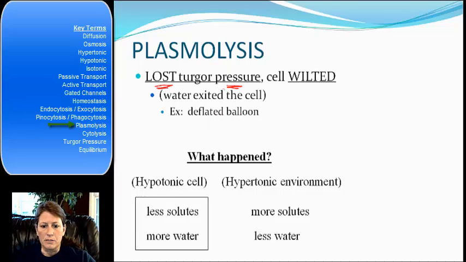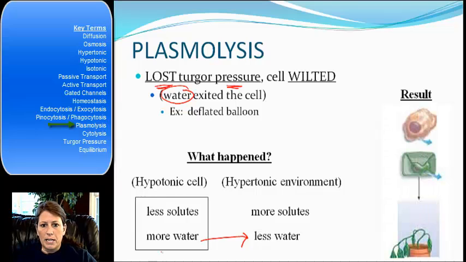When that happens, the cell is going to wilt. So what has really happened? Now if I use the terms hypotonic and hypertonic again, I'm just going to focus on the water, because that's what the pressure is referring to. So water is moving out. Now the result, and this is what plasmolysis is talking about, think of it kind of like a diagnosis, is that the cell is shriveling up, because the water's leaving.